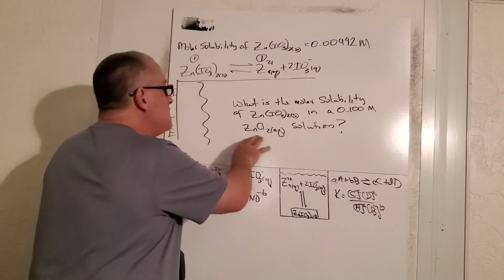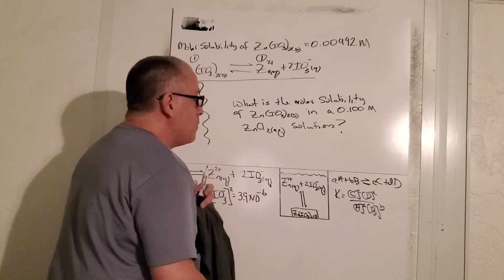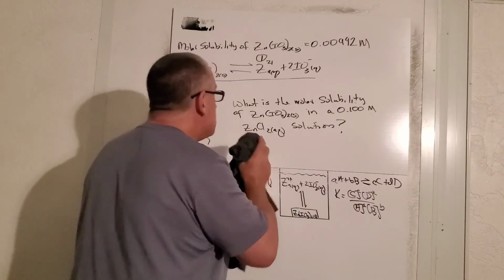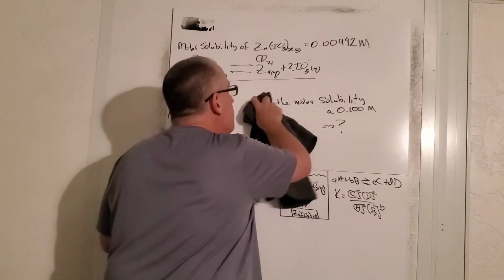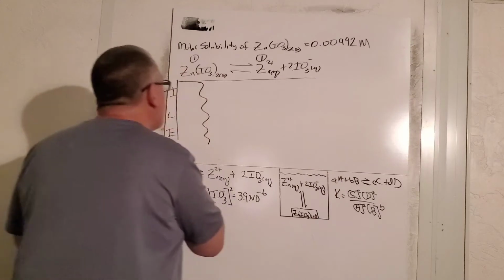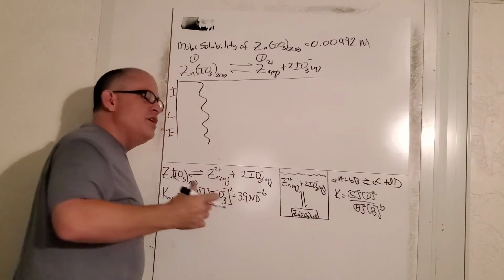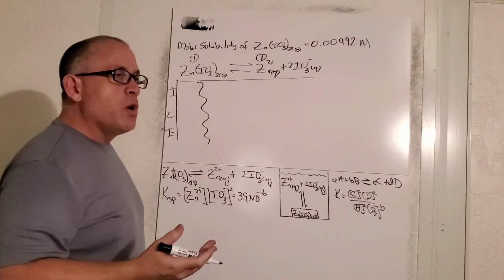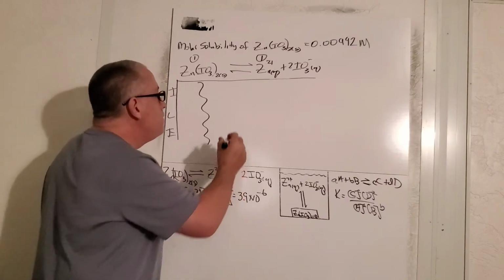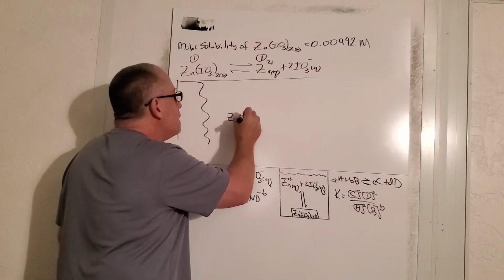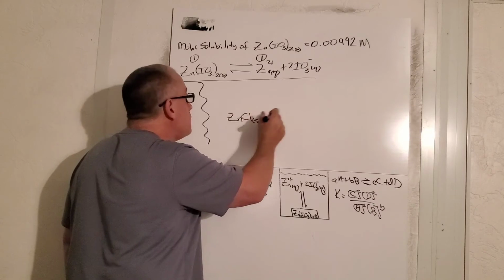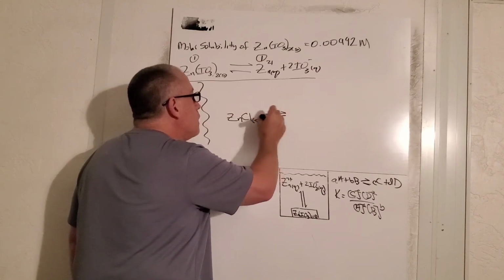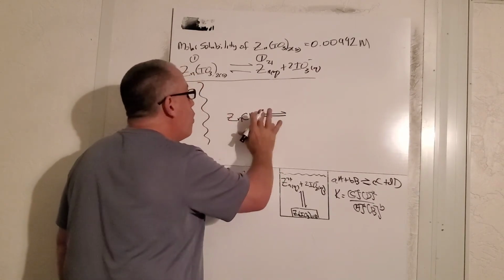Okay, zinc chloride is a completely soluble salt. From the solubility chart that you were given in Chem 1A, all chlorides are soluble except for silver, mercury, and lead. So zinc chloride, well, it's going to go one way.